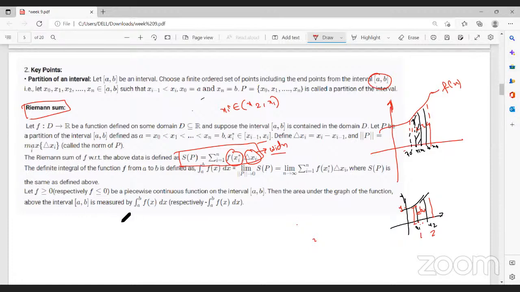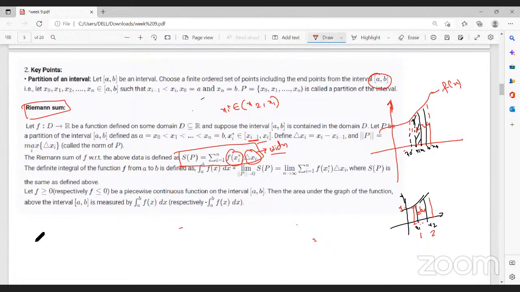For left hand side, you have to consider xi minus 1, so instead of f of xi star I will consider f of xi minus 1. Xi star is basically the point at which we are finding the value of this particular function, right? Xi star is the height.